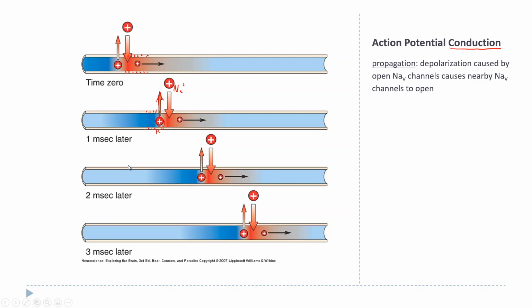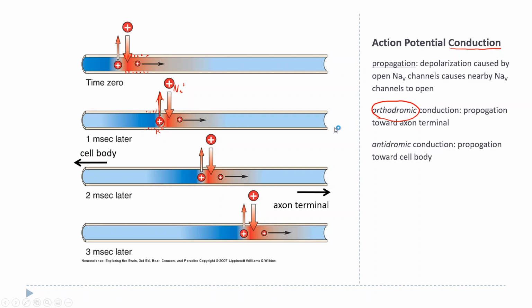Most of the time, action potentials are generated at the cell body and move away from the cell body toward the axon terminal. When that happens, we call it orthodromic conduction. That's the typical way that action potentials propagate, but there's nothing stopping you from generating an action potential that goes away from the axon terminal toward the cell body.